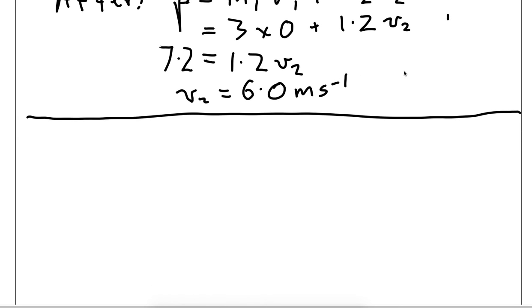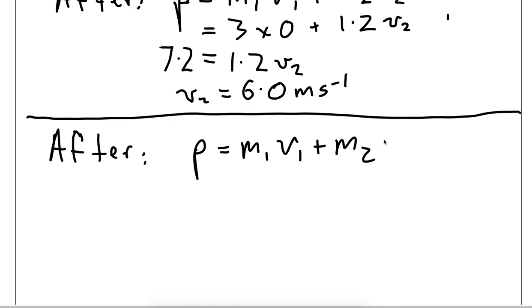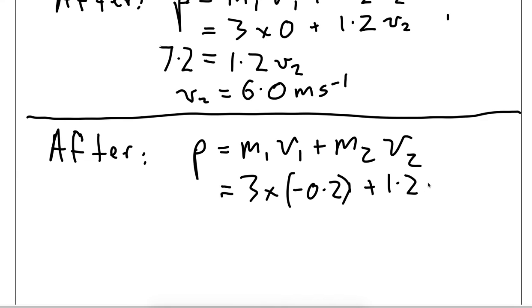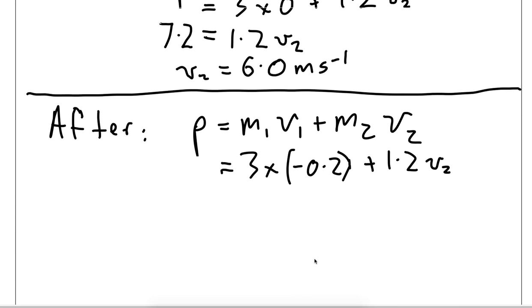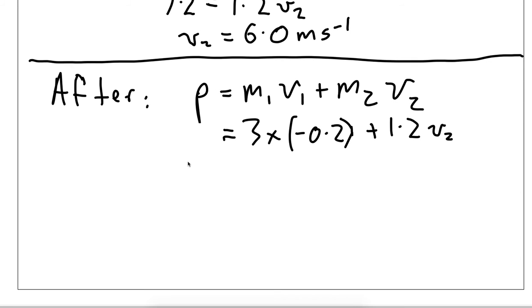After the collision, in this new situation, P equals m1v1 plus m2v2 equals the 3 kilogram ball now at minus 0.2 meters per second, and the 1.2 kilogram ball still with V2 unknown, but it will be a different V2 from what we had before. So actually we don't need simultaneous equations in this one. It's not quite as tricky as I promised it was going to be.